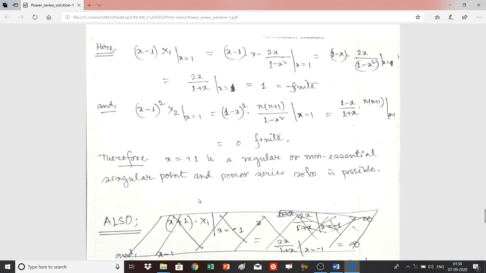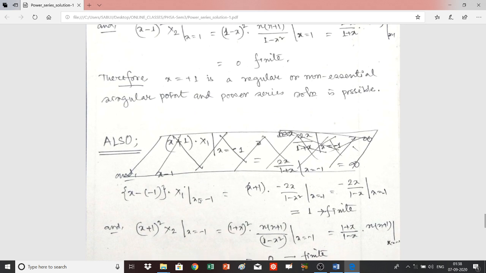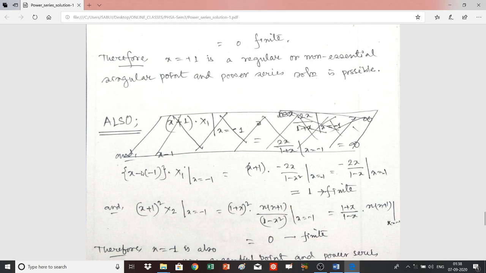Now another value, which was x is equal to minus 1, and now we have to check for x equal to minus 1. Here we use the value of x as minus 1. So what was the condition? That was (x minus a) into X1 at x equal to a. So here a is equal to minus 1. So (x minus (minus 1)) into X1 at x is equal to minus 1 is equal to (x plus 1) into, we know that X1 is minus 2x by (1 minus x squared).